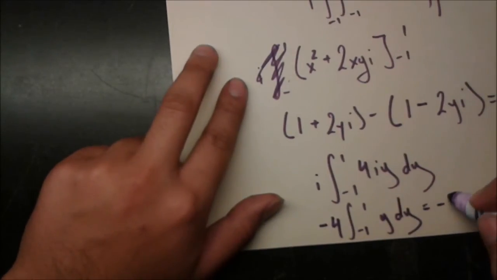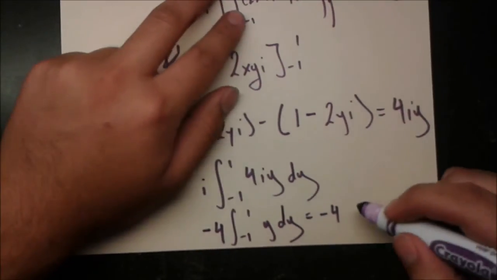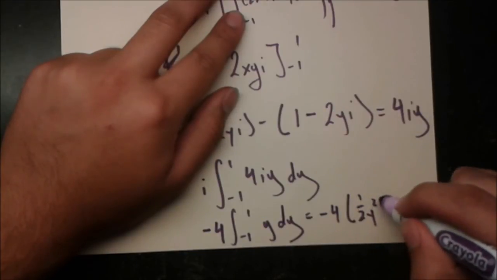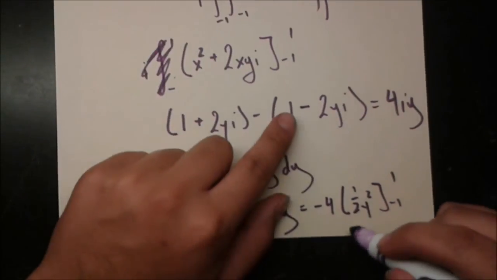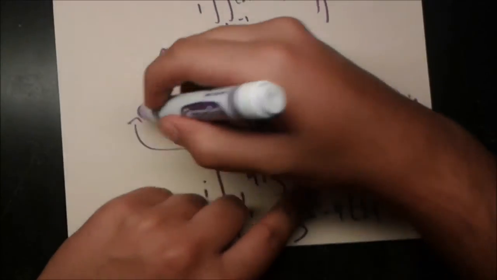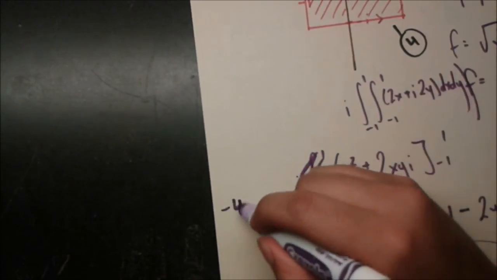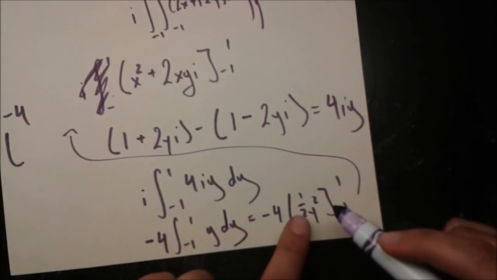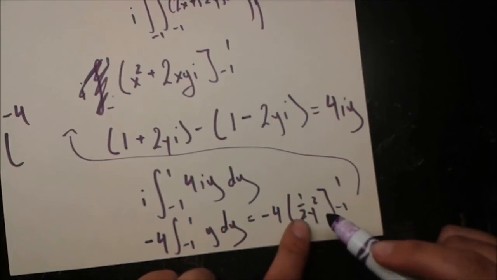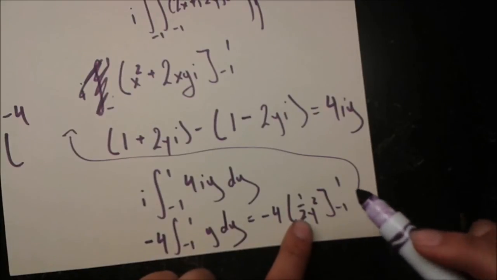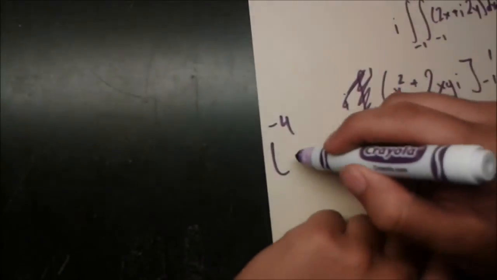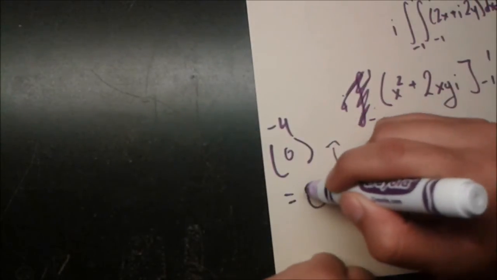This is going to be -4 times 1/2 y^2 from -1 to 1. So it's going to be -4, and then when we have 1/2 times 1 squared minus 1/2 times (-1) squared, that's just 1/2 minus 1/2, which is 0. So it's -4 times 0 equals 0.